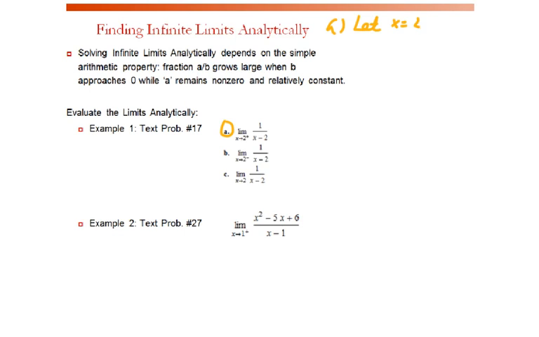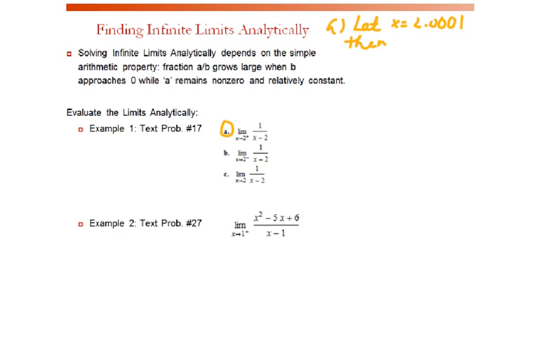So if I let x equal 2.0001 and plug it into the function, which is what we do when we evaluate limits. We go to the substitution method first, which is just substituting in.